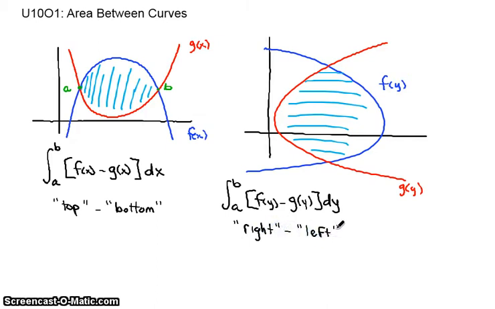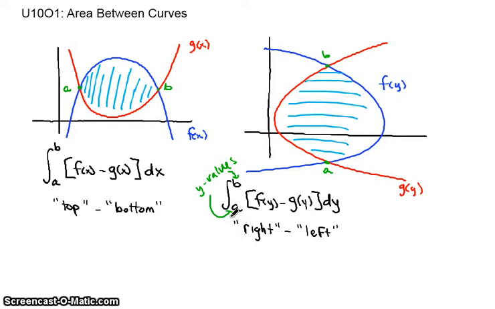And one thing to be careful of, the a and b in this case are going to be y values, because everything we're dealing with when we're integrating with respect to y, your a and b are going to be y values, instead of the traditional x values that we deal with.